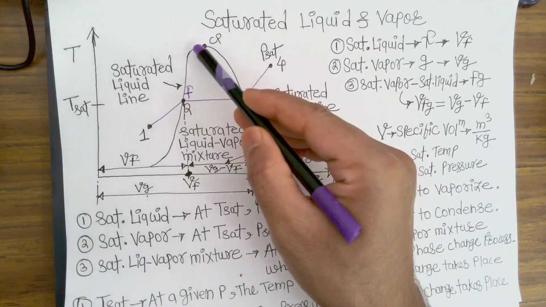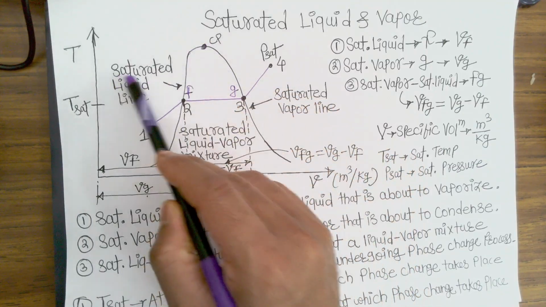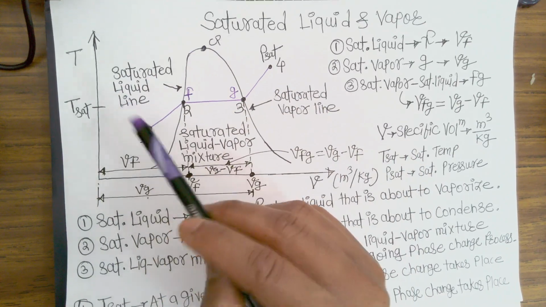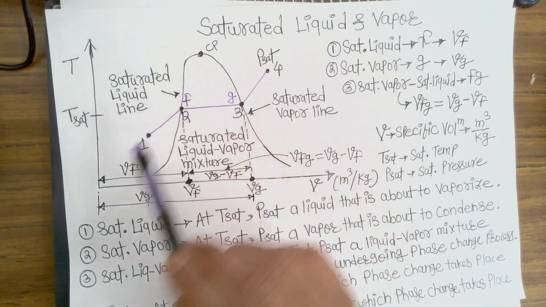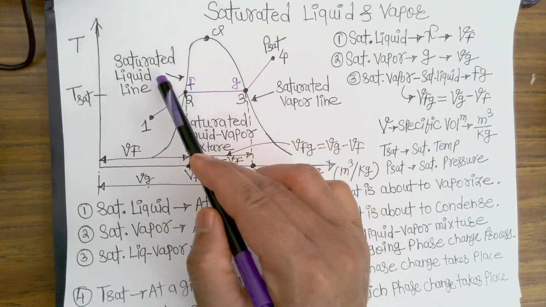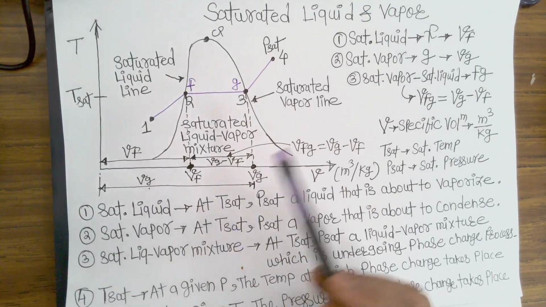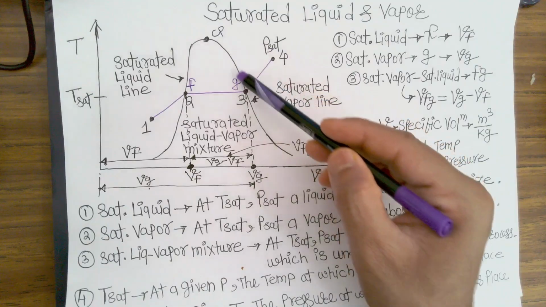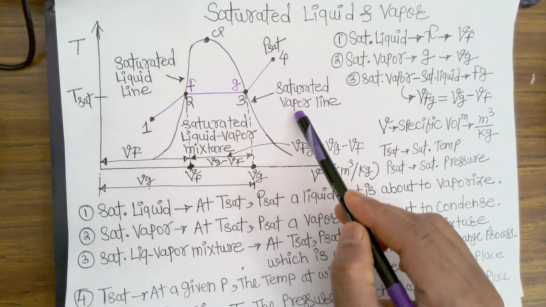So this line here represents a saturated liquid line. That means any point on this line represents saturated liquid condition. This line here represents a saturated vapor line.